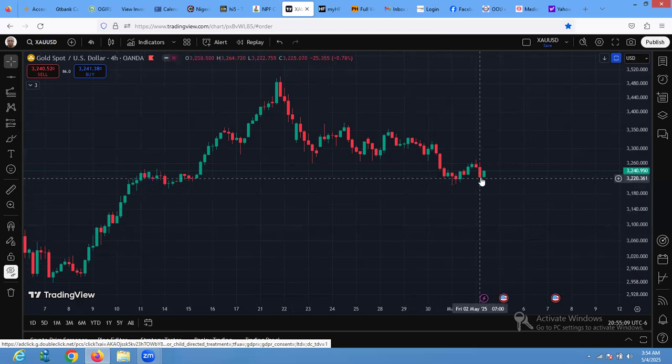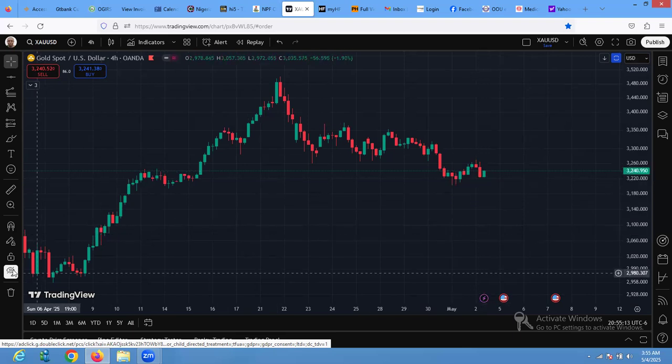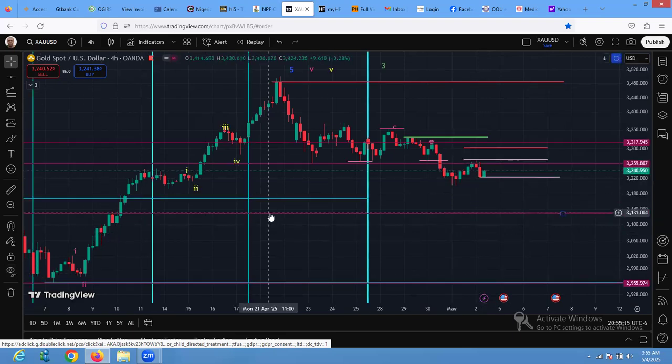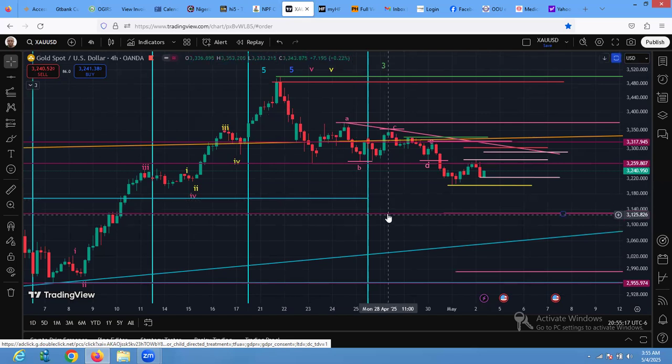I think that is what we can see from here. If I bring out my drawing, you can see that this is the area of 31.39 that we might expect. If we get price to break up here, look for your sell again around the 32.90 area, around this area, 32.90, 32.89 area.